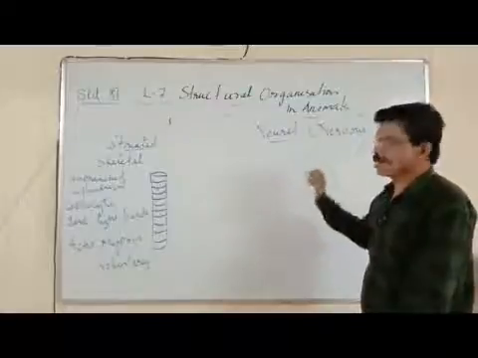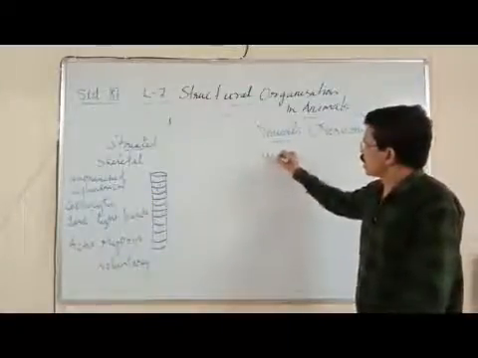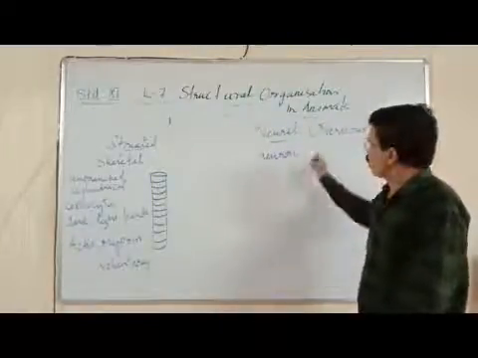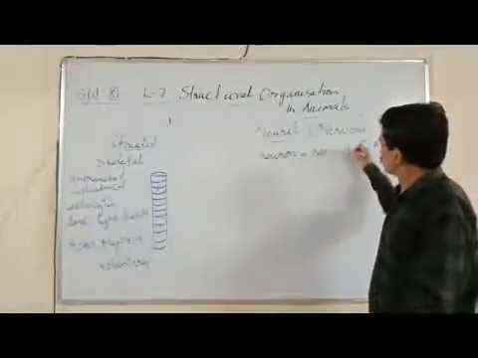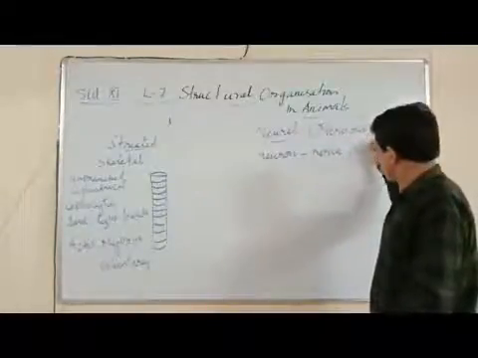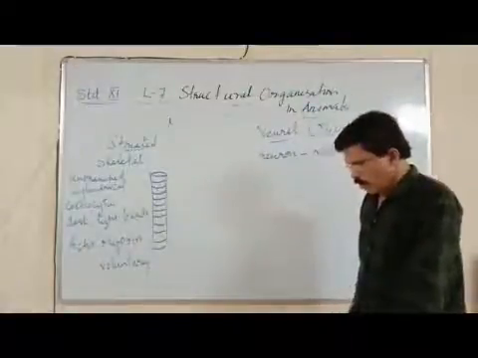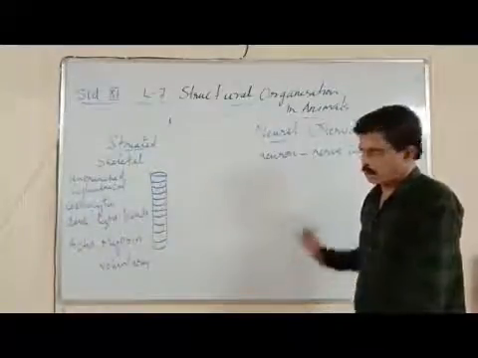You know, neural tissues are made up of nerve cells or neurons. What is the structural and functional unit of neural tissue or nervous tissue? Neurons. They are otherwise called nerve cells. A neuron can even be as long as 1 meter.